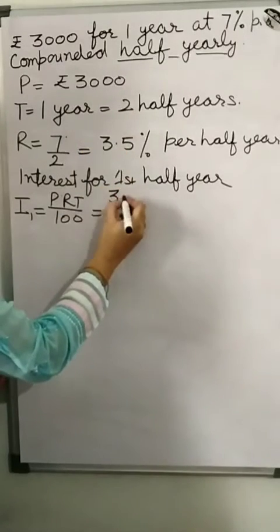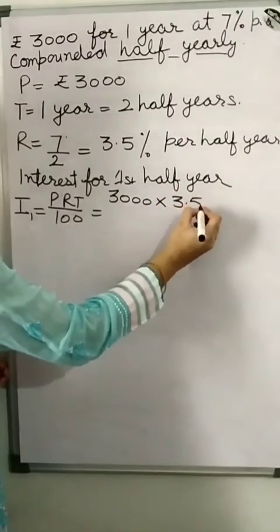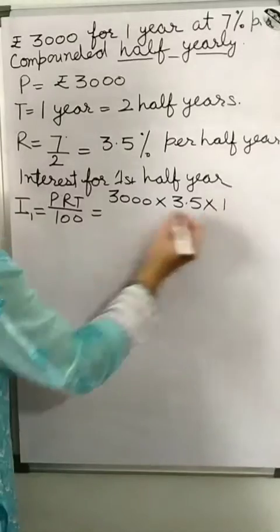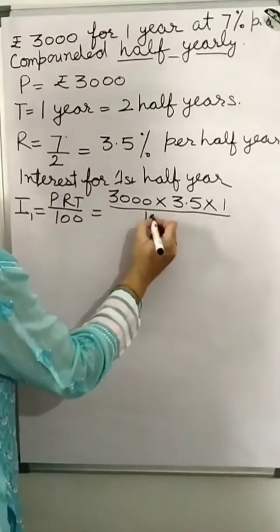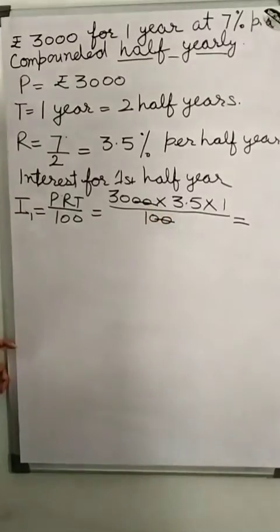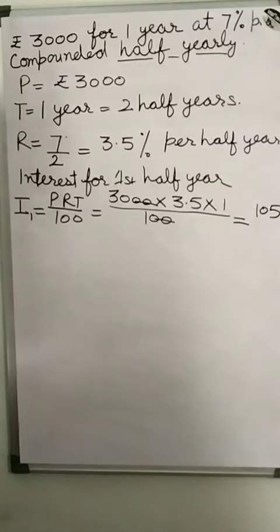P means 3,000 multiplied by 3.5 multiplied by 1, because half year counts as 1 period. Every time we write down 1 and upon 100 and calculate it. So the answer is 35 into 3, which is equivalent to 105.